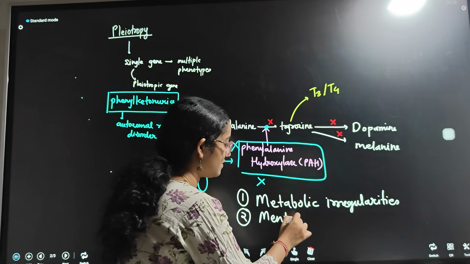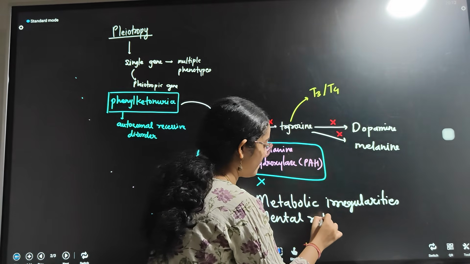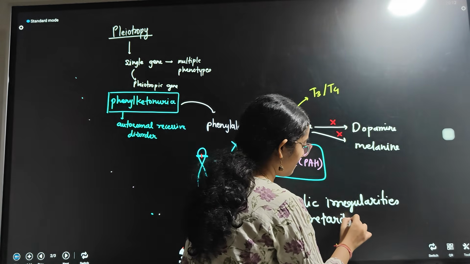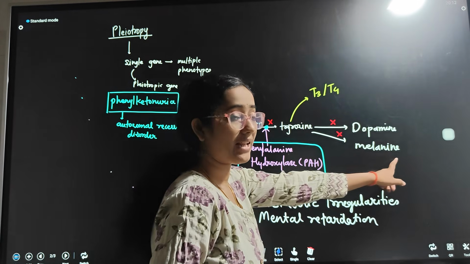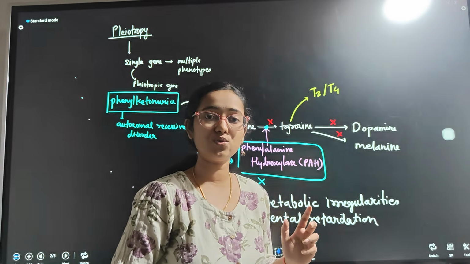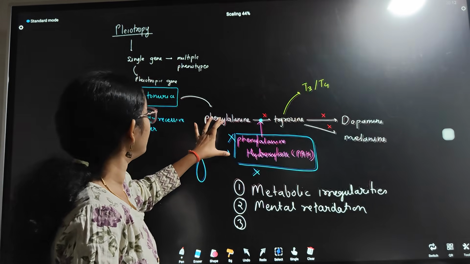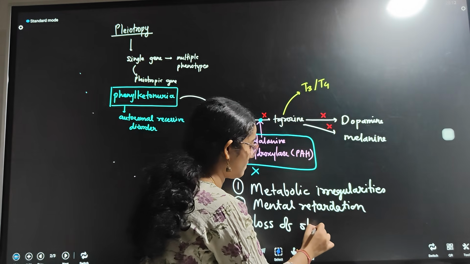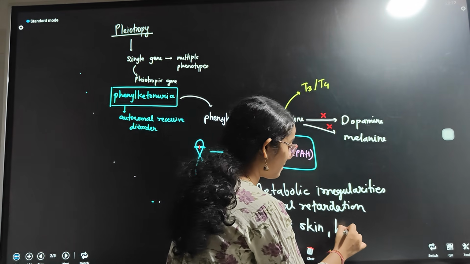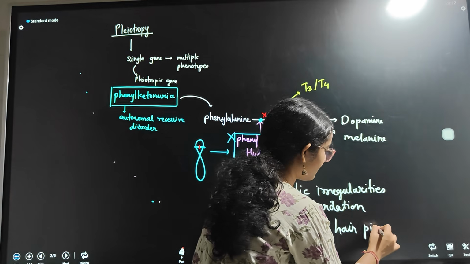Mental retardation is seen. Third, melanin is not produced, so there is loss of pigmentation, in skin as well as hair.